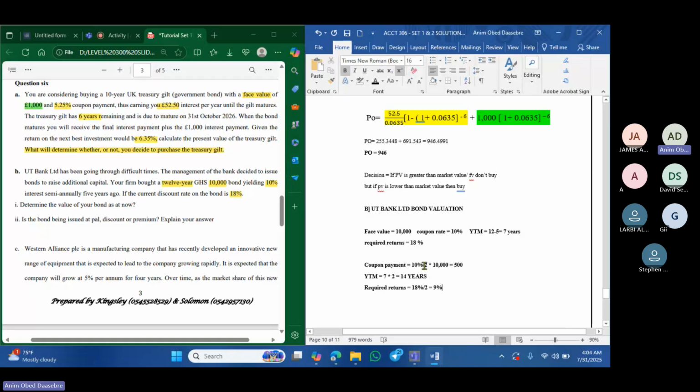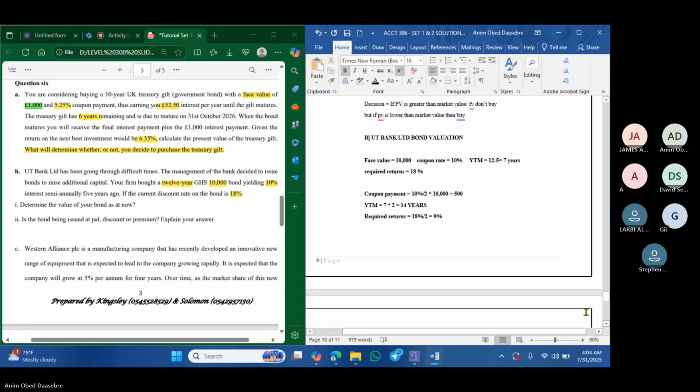Okay. Now you pick the formula and you find the present value.